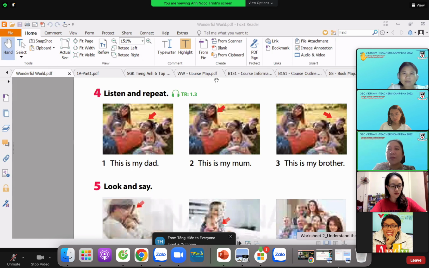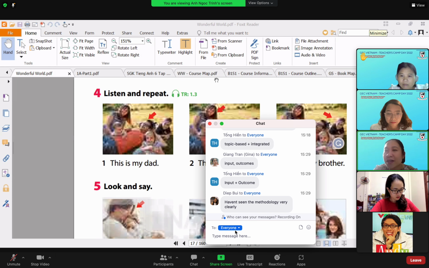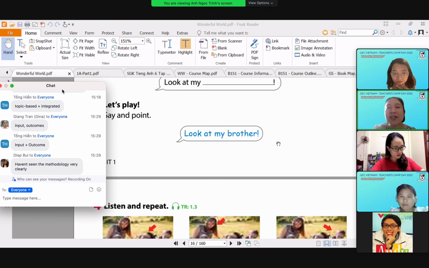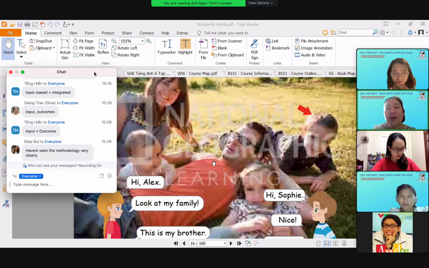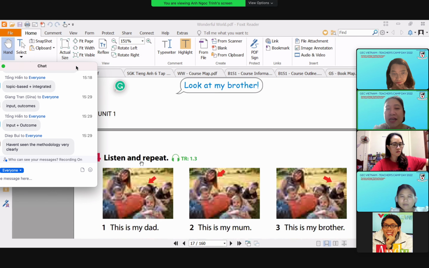Aha. Some of you say input and outcomes. That's good. Do you see any outcome here? That's great. You see the methodology very clearly. Exactly. So from this, you just see let's play, listen and repeat.